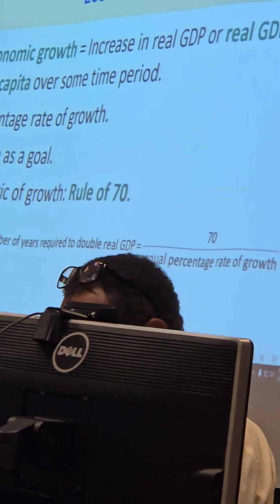Divided by GDP price index. Okay. So we measure economic growth using a percentage change. And then we look at growth as a goal, and we also look at what we call the rule of 70.